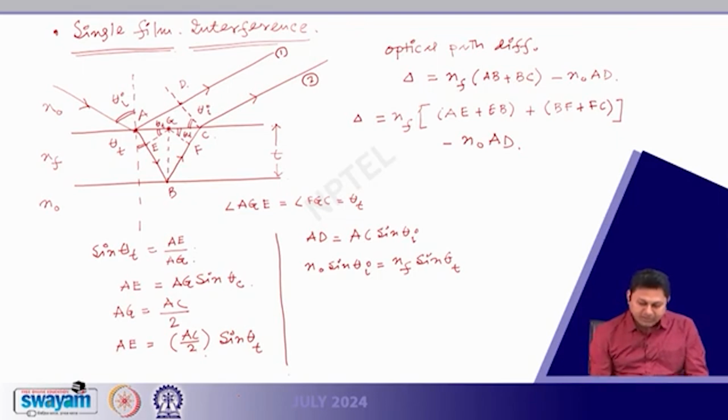So, if you calculate N0 AD, that is the last part of this path difference, this is 2 of NF AE.